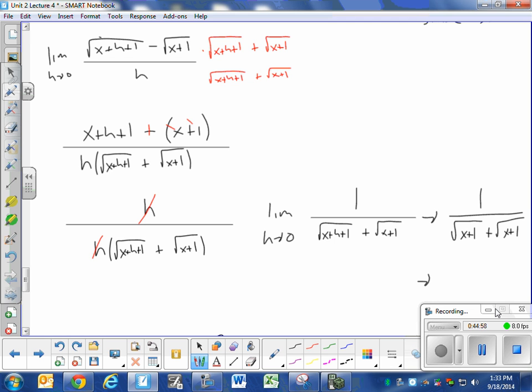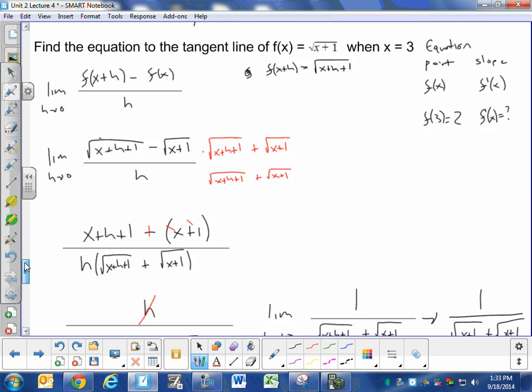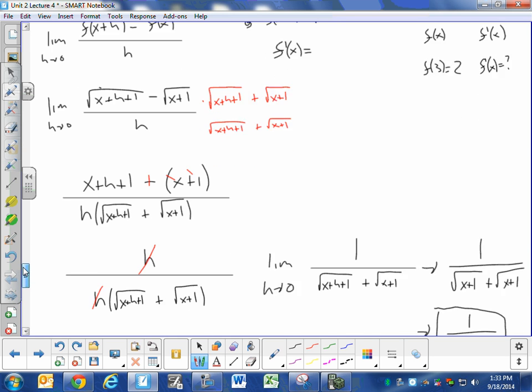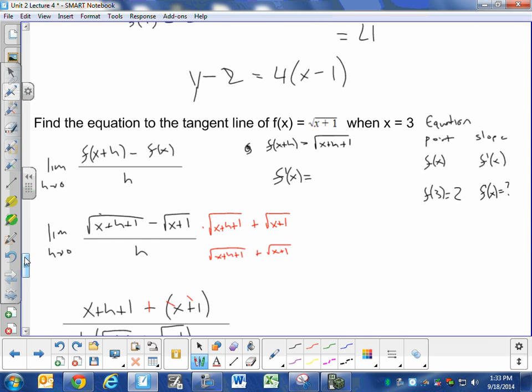That gives me 1 over 2 root x plus 1. What we just discovered was the derivative function for my original function, root x plus 1. I find the slope generator, the function that I can plug in x's to get slopes, is 1 over 2 root x plus 1.